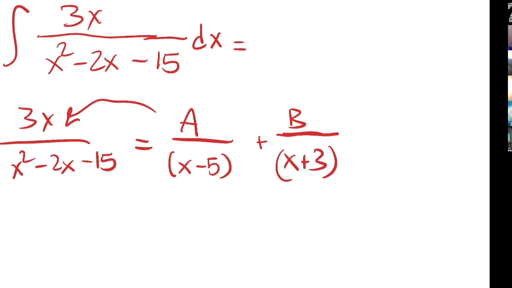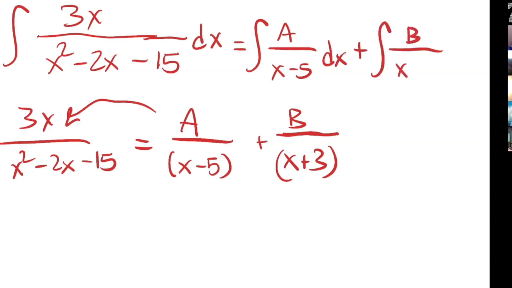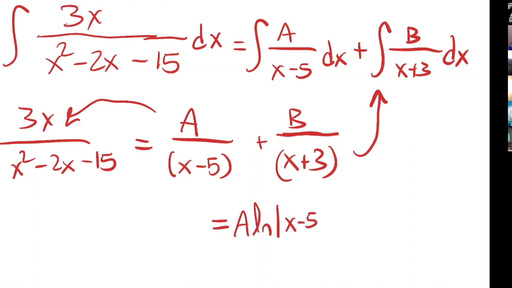So I don't want to go through that algebra part, but I do want to go through kind of the general motivation about why this works. And that is, well, once I find these values for A and B, I can then use it to break up that integral into a sum of two things, each of which I could integrate.